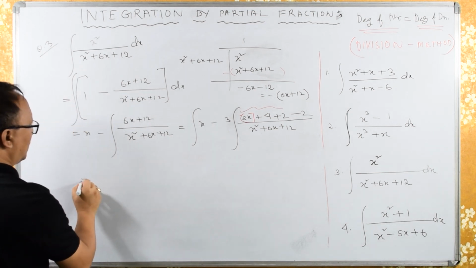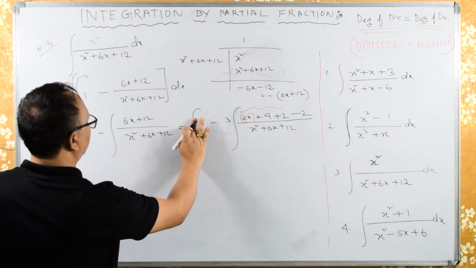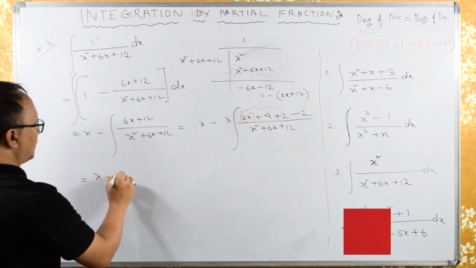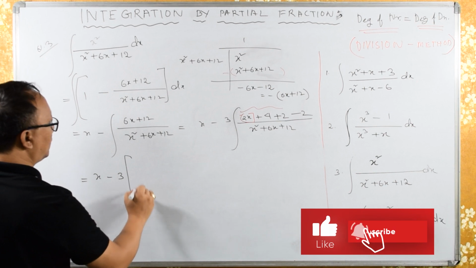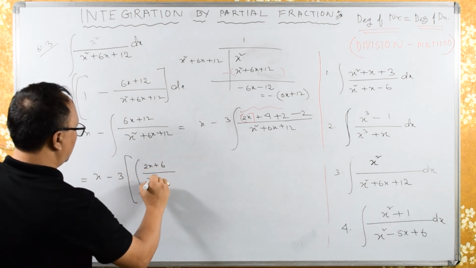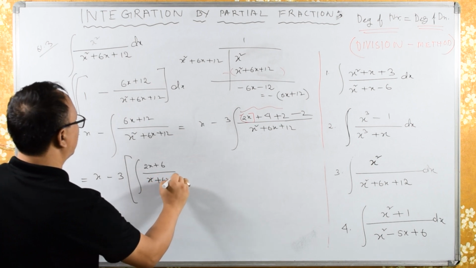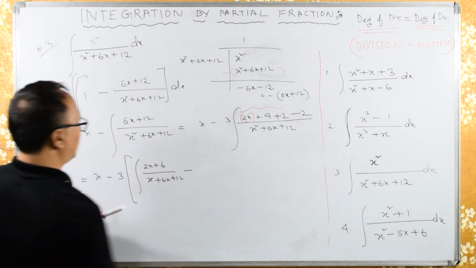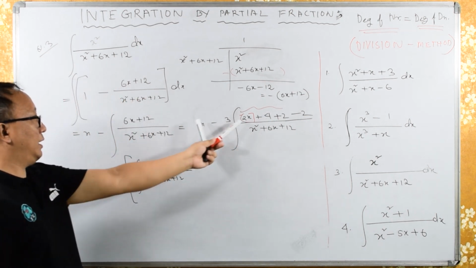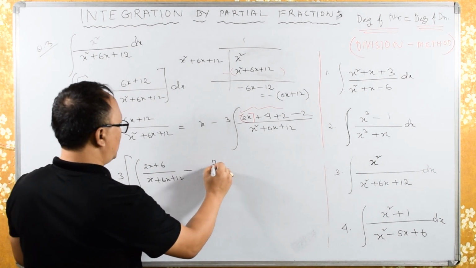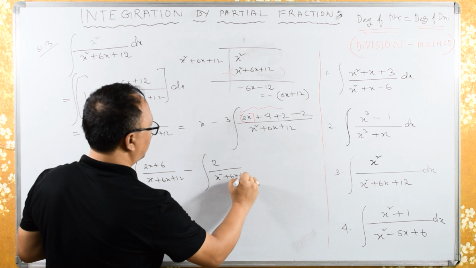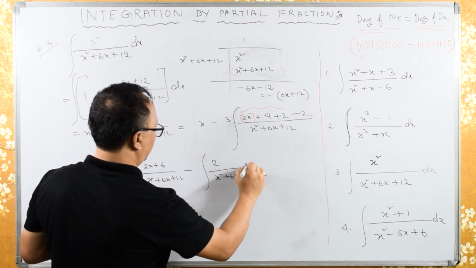Therefore the integration of dx is over. Now x minus 3 integral twice x plus 6 upon x square plus 6x plus 12 minus, here 4 plus 2 is 6, twice x we have, 3 outside, 2 integral 1 upon x square plus 6x plus 12 dx.